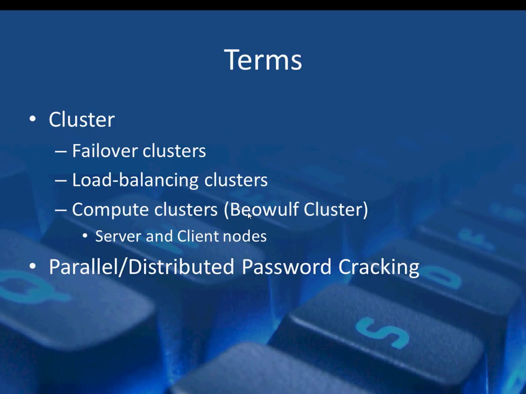In servers, for the same example, if there were two servers, a load balancing cluster would, if the first machine became overworked and it needed more resources, it could then balance itself onto the second server in that cluster so that the resources would be evenly distributed and the workload would be decreased on both, so that time would be saved and speed would be increased.